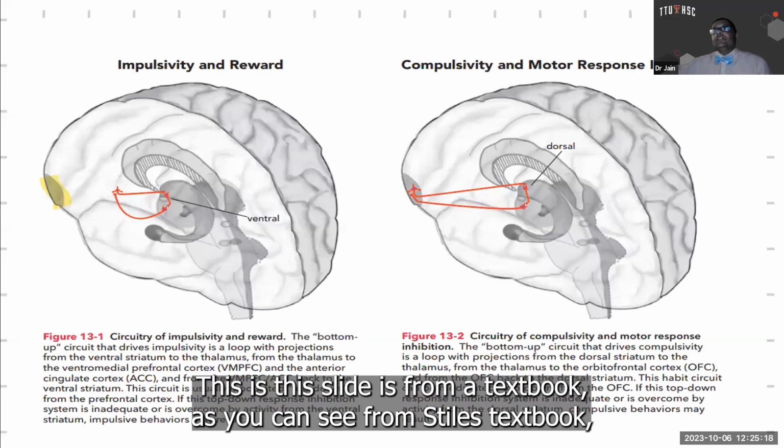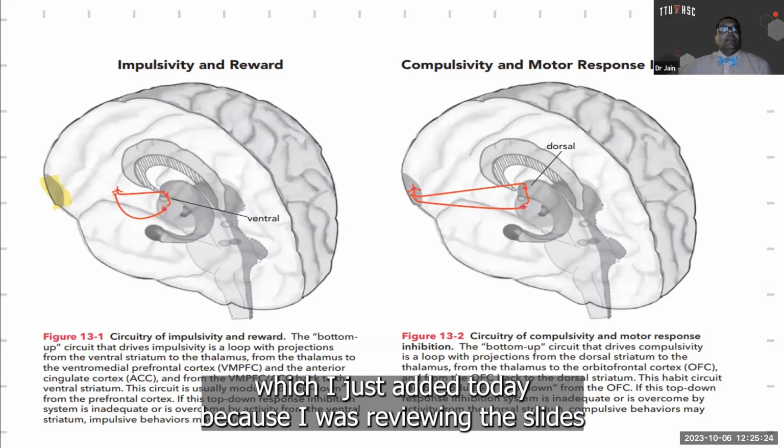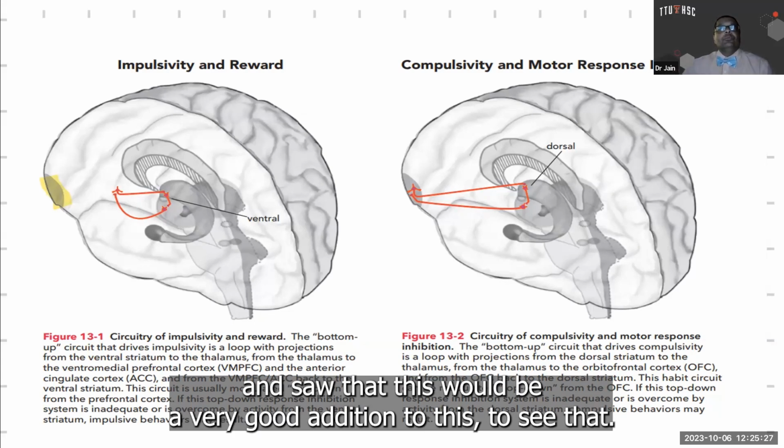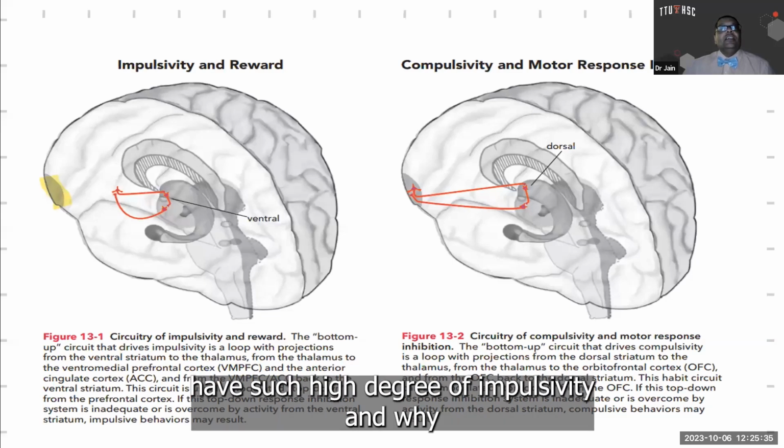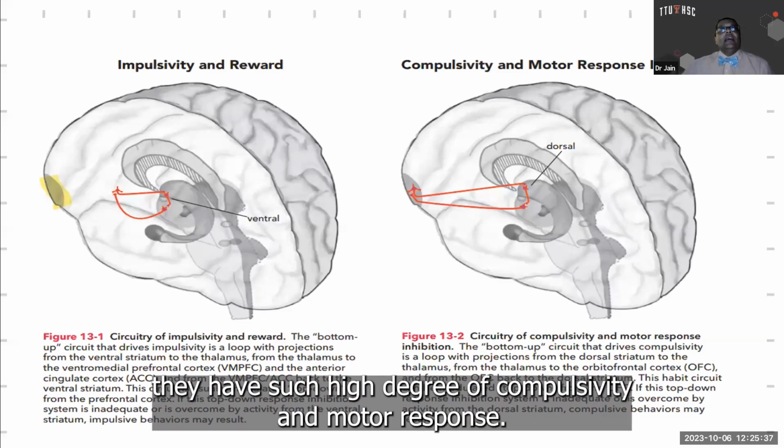This slide is from Stahl's textbook, which I just added today because I was reviewing the slides and saw that this would be a very good addition. It goes into a little more detail about why these patients have such a high degree of impulsivity and such a high degree of compulsivity in motor response.